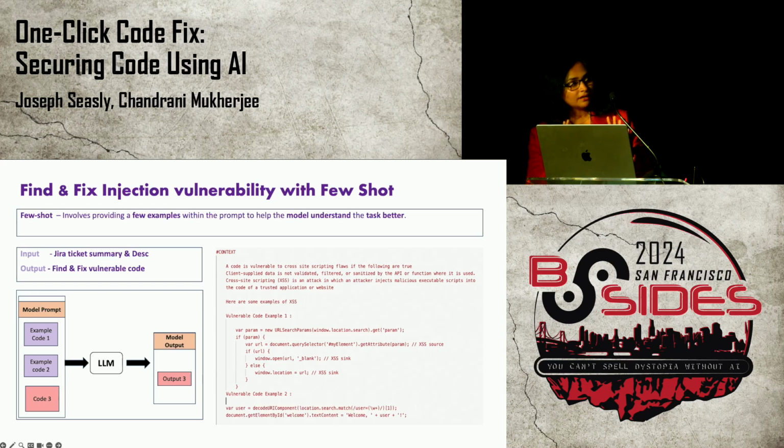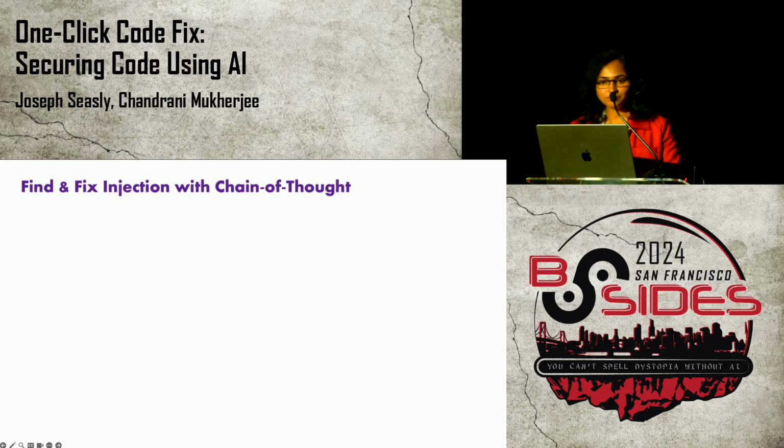With this, we were seeing improvements in detection, in finding the vulnerabilities, but there was still a lot to go to reach what we could call an accepted fix. Almost at the same time, we came across a paper by Boston University that talked about the chain of thought method, wherein they did vulnerability detection with about 70% precision.